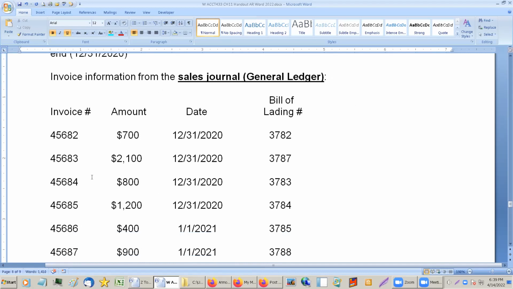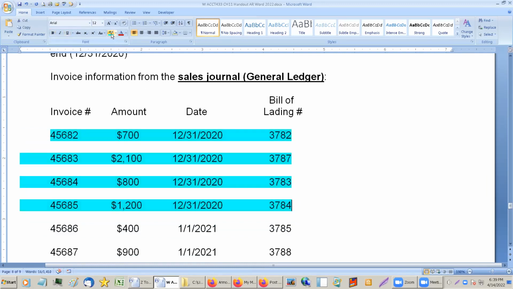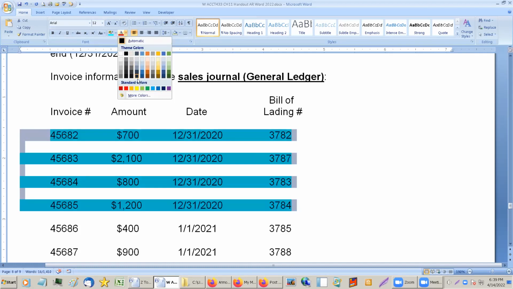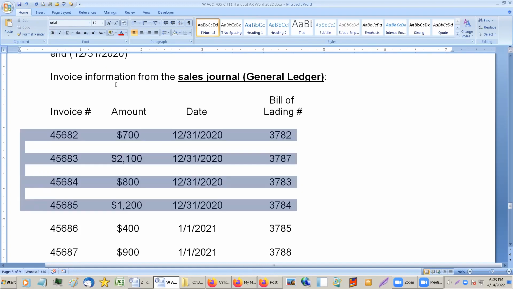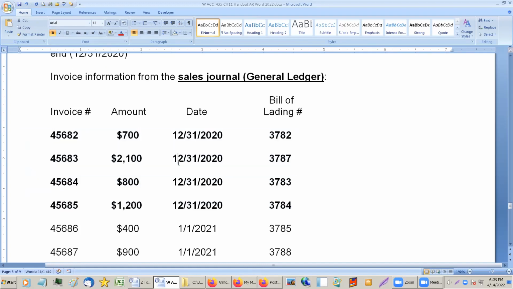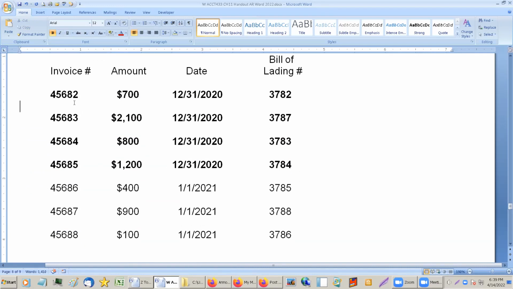And notice that it looks like these first four are the ones that are going to show up in their general ledger. And you'll notice that they're sequential, right?